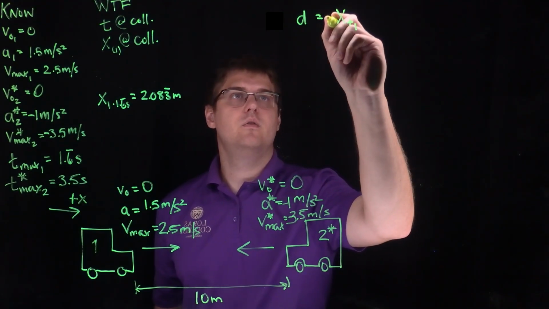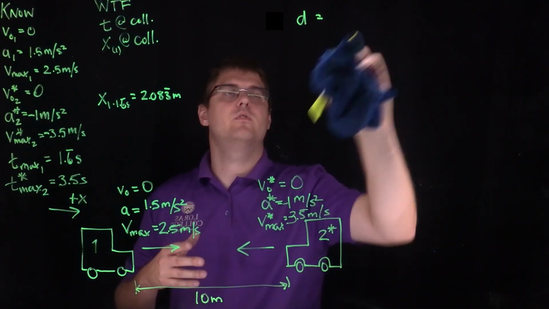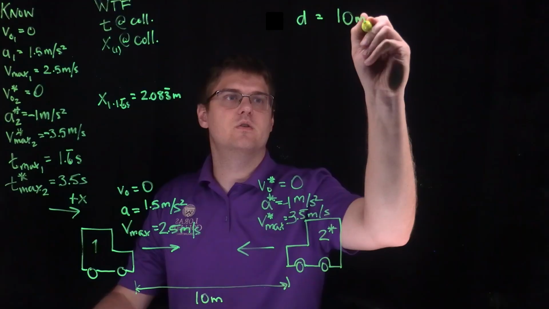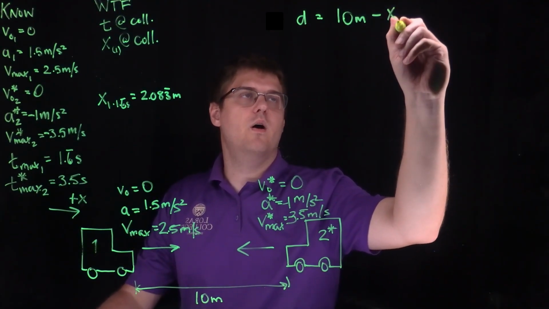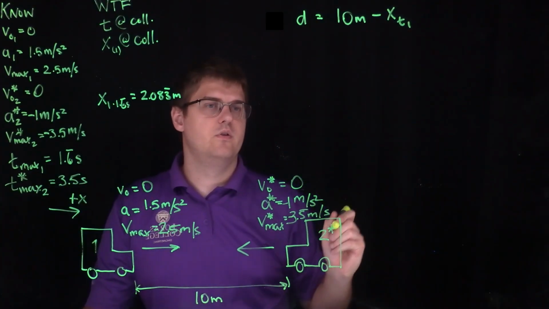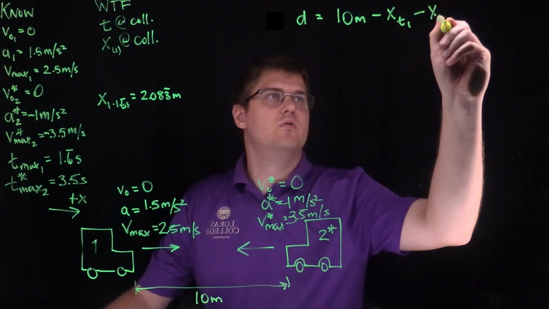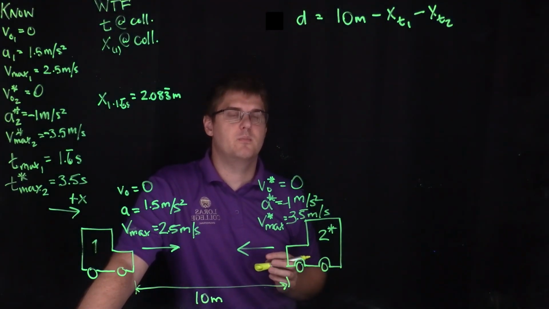Well, no. I want to write in a different order than I have in my notes. The distance here is going to be equal to the 10 meters, which is the initial, minus the distance that tractor 1 has traveled, minus the distance that tractor 2 has traveled, because they're both moving together.